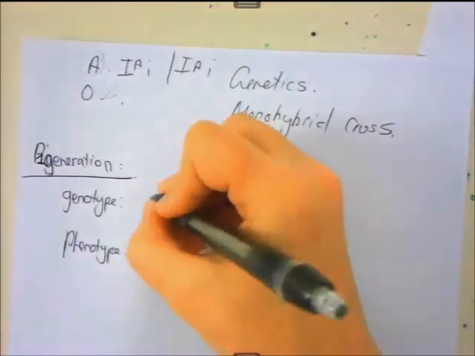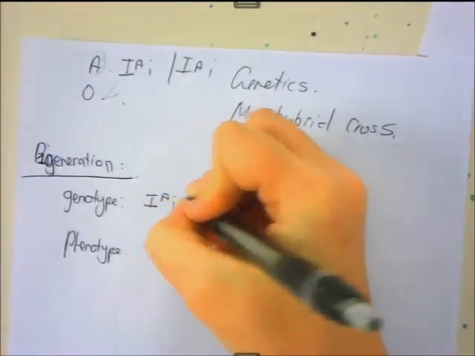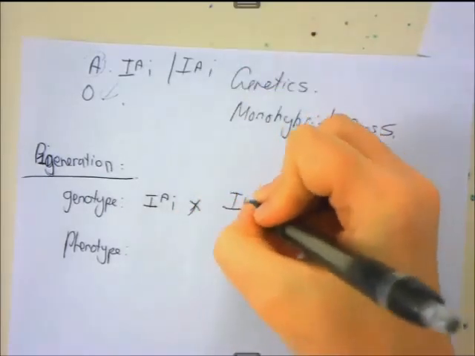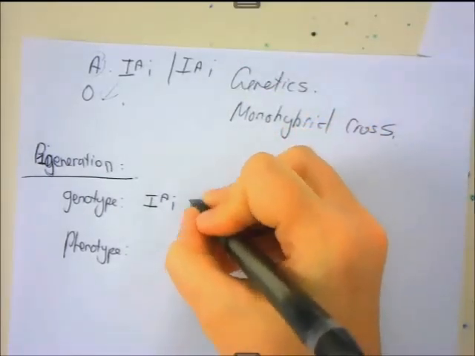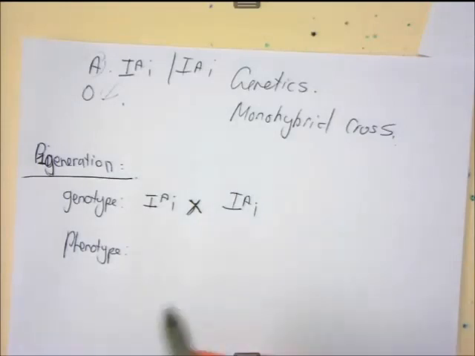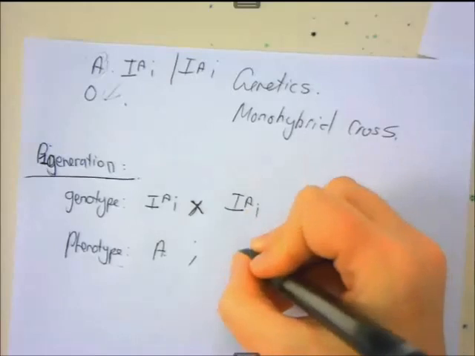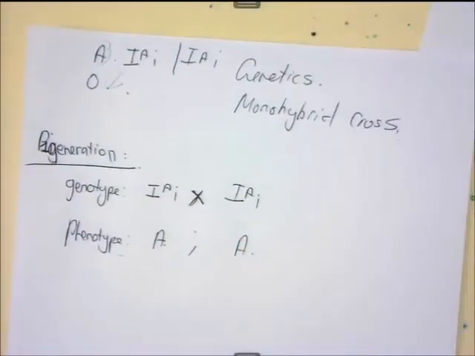So the genotype, we're going to look at that, and the second one that we're going to look at is the same. It's the heterozygous condition. The phenotype, however, is blood group A, and that is the same. It's also blood group A.